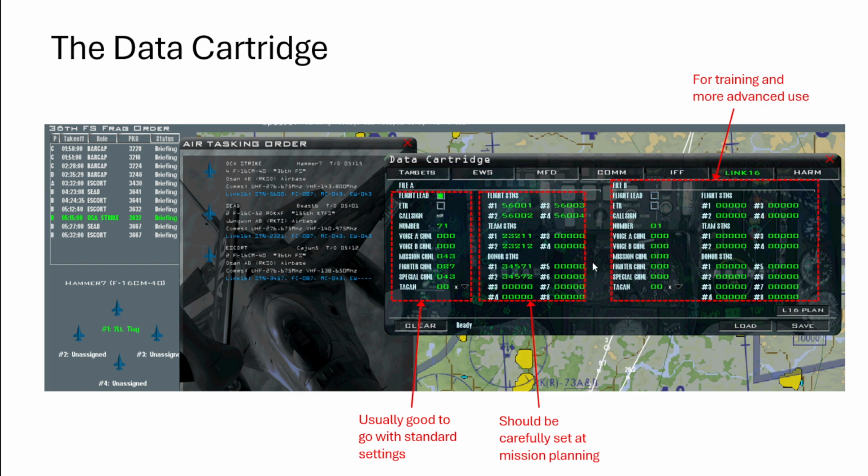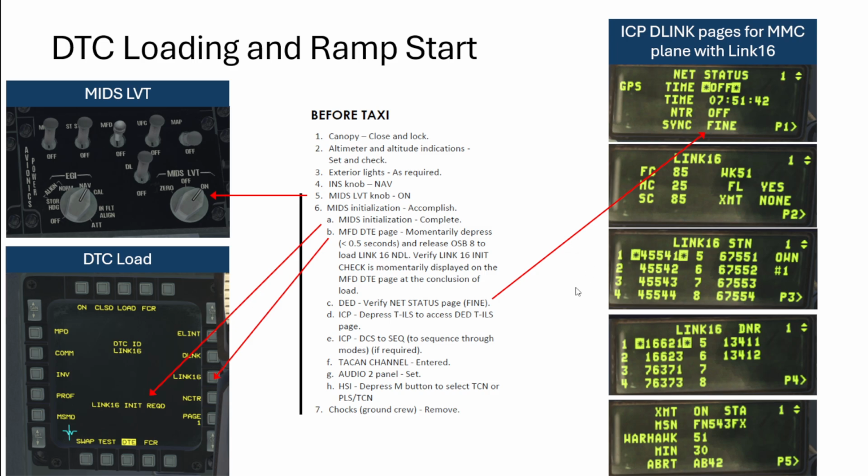Okay, so DTC load and ramp start. This was done by Leach, myself, and JJ did a lot on that to make it proper. This is a copy of the ramp start. You know how to do that. After everything is done and you have navigation and MIDS on, wait for this to appear, and then wait for the sync. It should be pretty much automatic.